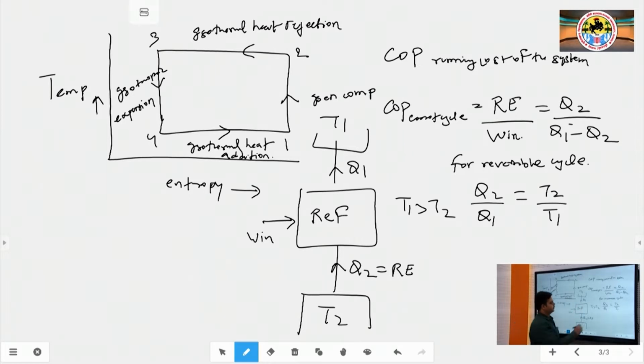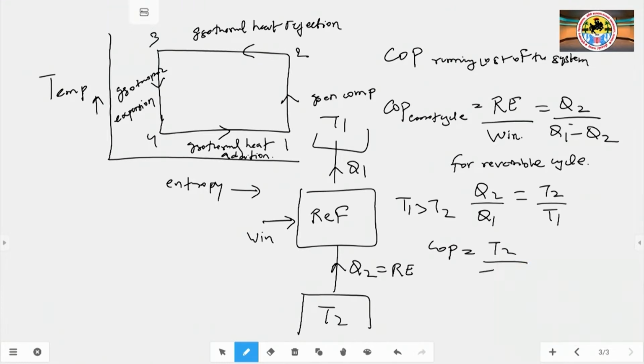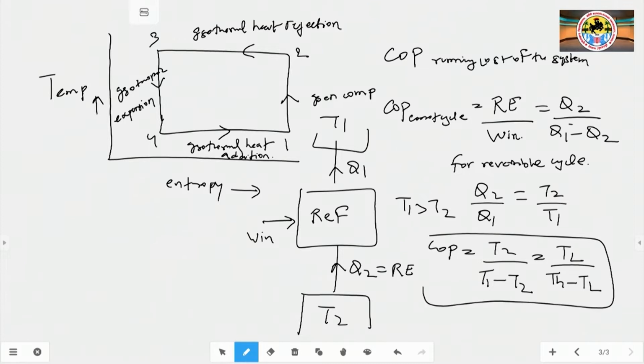So, the COP for the Carnot cycle in terms of temperature is T2 upon T1 minus T2, where T2 is the lower temperature and T1 is the higher temperature. So, we can also say COP is T lower upon T higher minus T lower, that is the COP of the Carnot cycle.